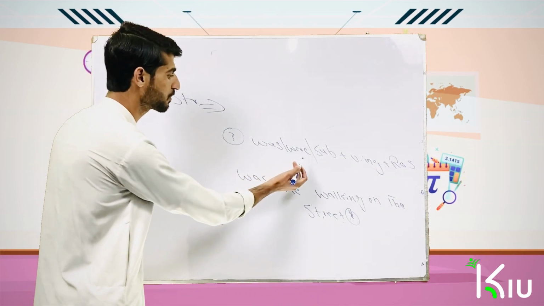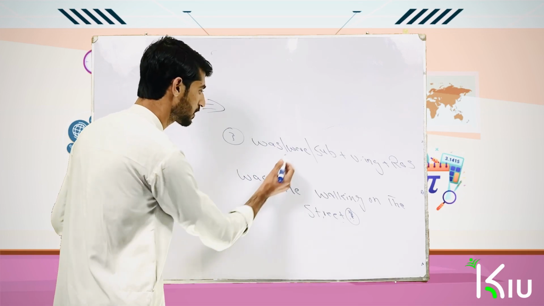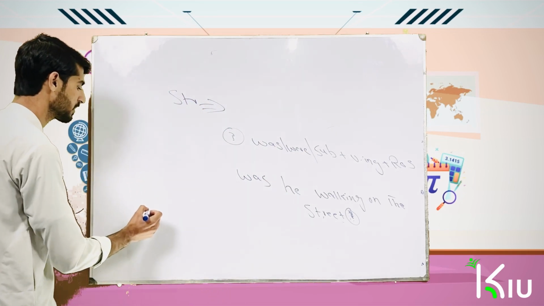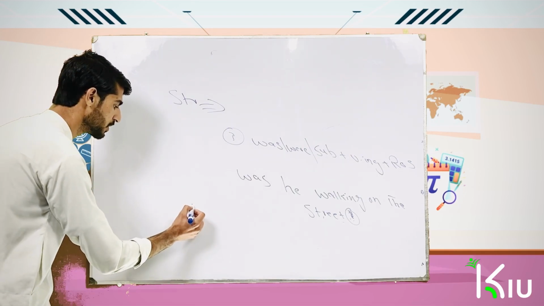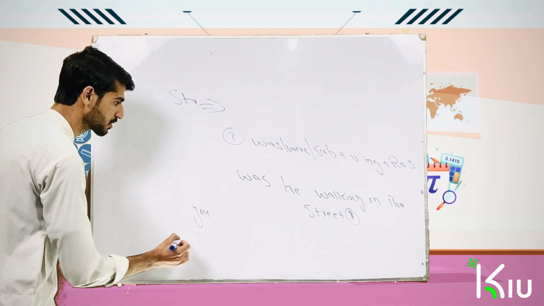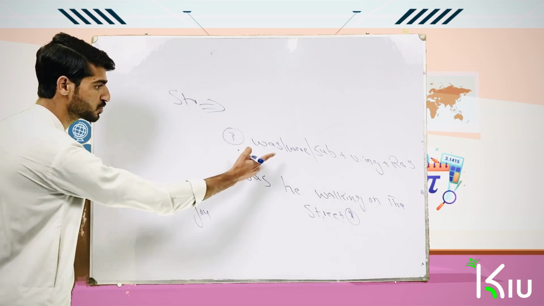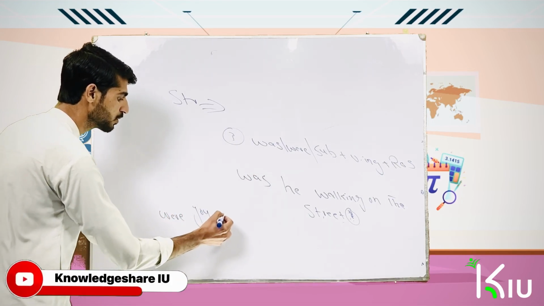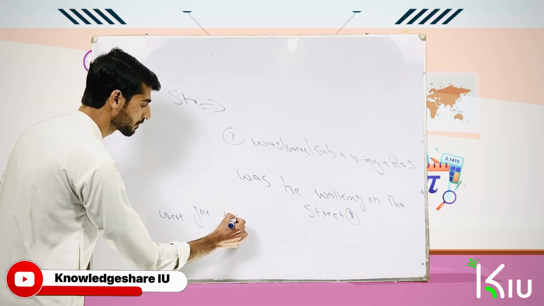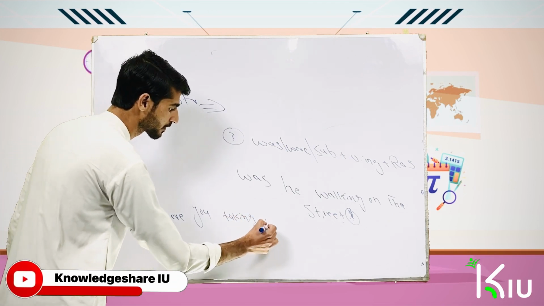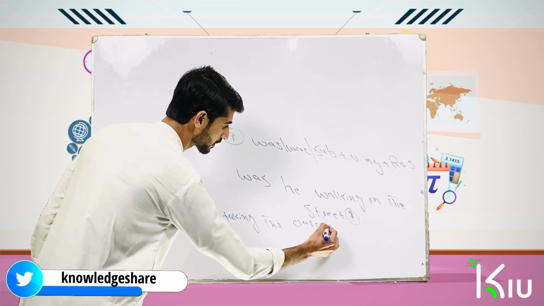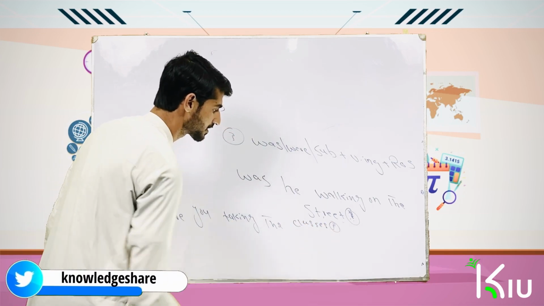Now, how to make it with a plural subject? If the subject is plural, how to make a question? For example, if the subject is you, before the subject you will put were. Were you taking the classes?